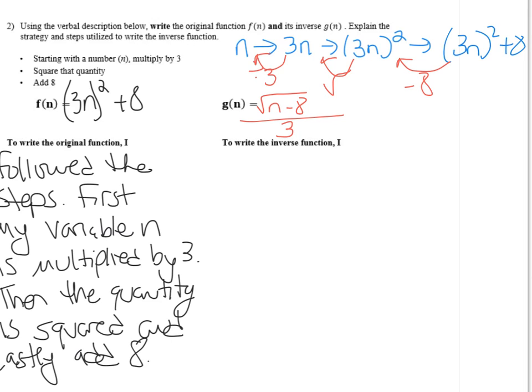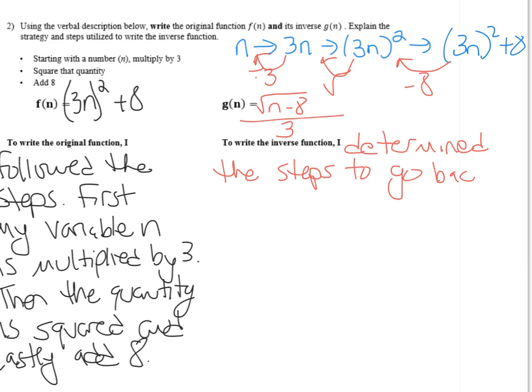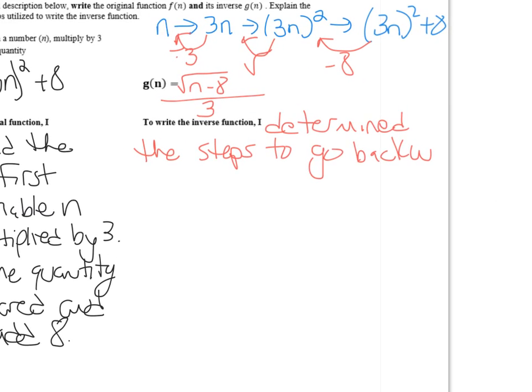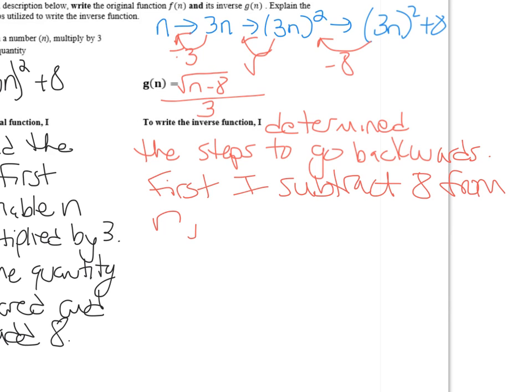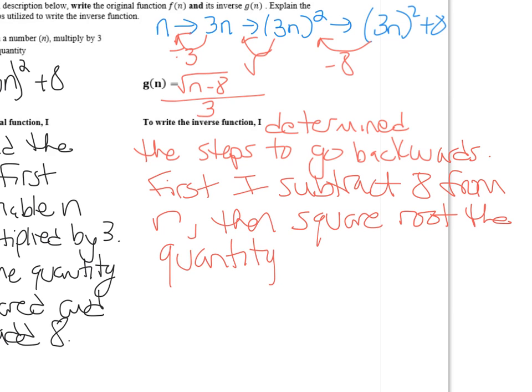To write the inverse I determined the steps to go backwards. First, I subtract 8 from n, then square root the quantity, and divide by 3.